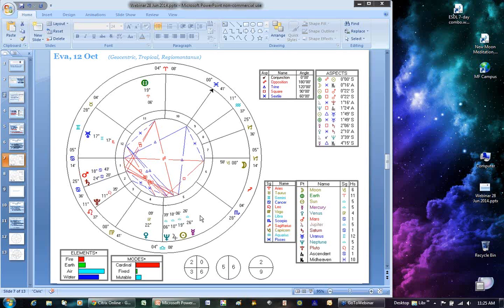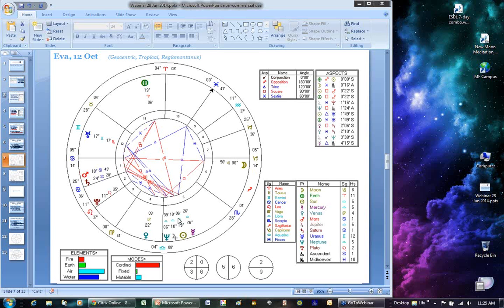Now, Neptune, in its very, very interesting position, is also the ruler of my chart because I've got Cancer rising. So I have the moon and I have Neptune. Those two are the rulers of my chart. Neptune forms a T-square. Do you see how it forms a T-square? So you've got Neptune at the bottom and it's squaring my moon in Capricorn. My moon in Capricorn is at 0 degrees.